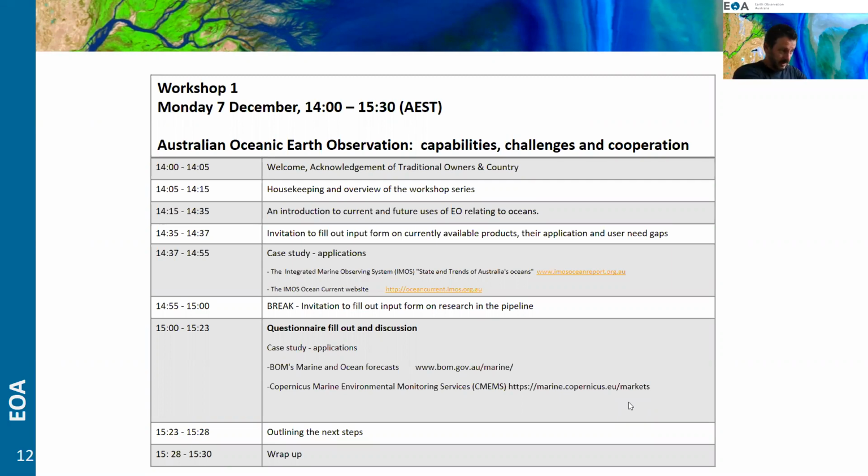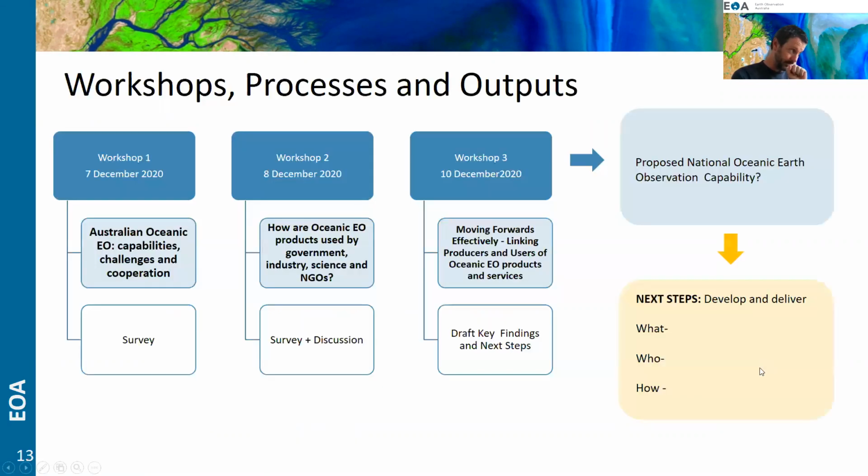Some of this information was also collected out of the survey that we were running. So we ran that first workshop, and we also got some input from the survey, which I'll come to.